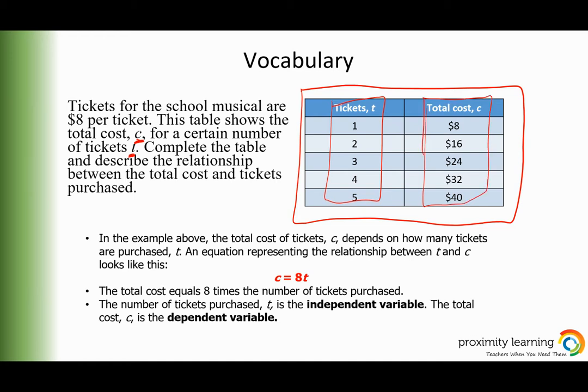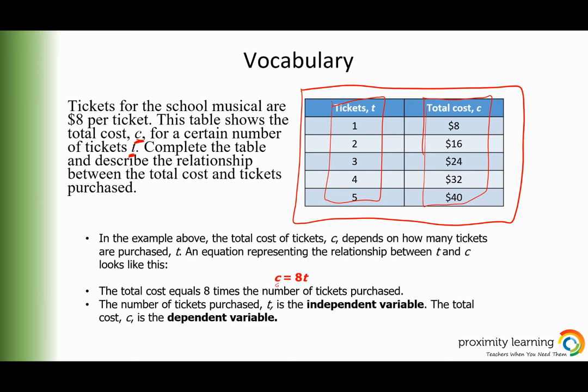All right, so in the example above, the total cost of tickets, or C, depends on how many tickets are purchased. An equation representing the relationship between T and C looks like this.